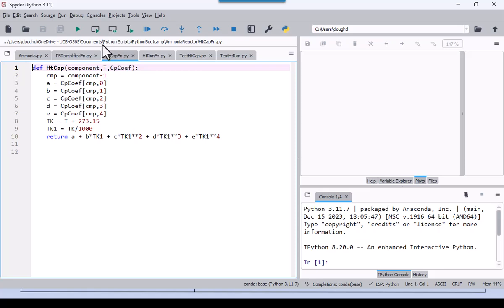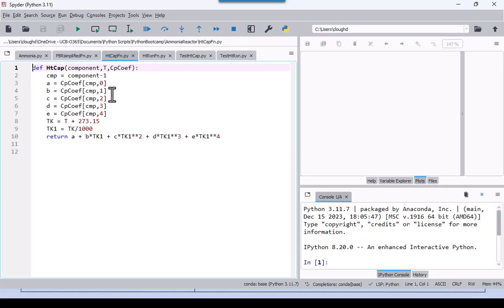It comes in with a component number, and then because of zero indexing, it takes one away from that. So we get our coefficients A through E from index 0 through 4 of our component.